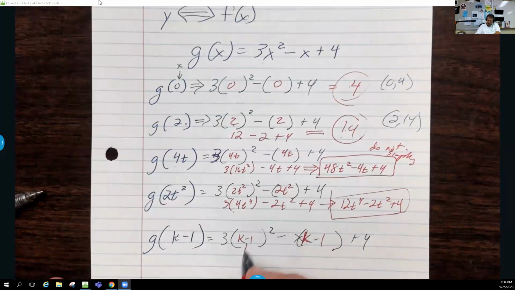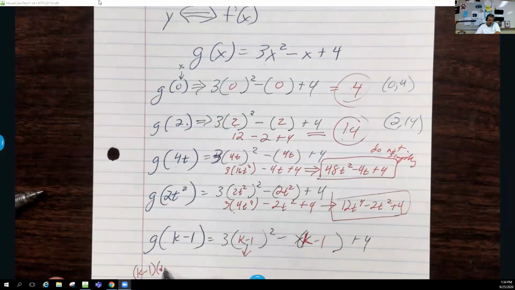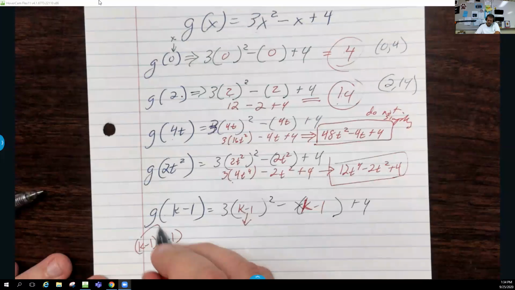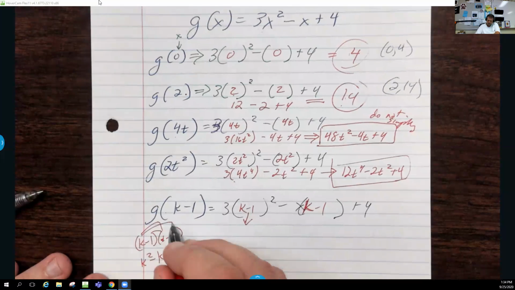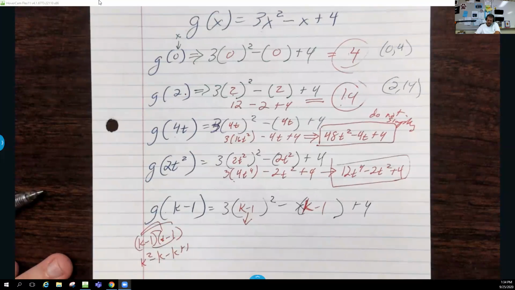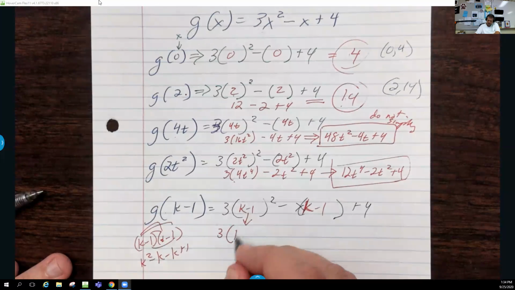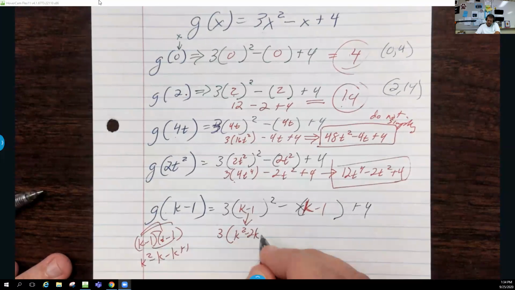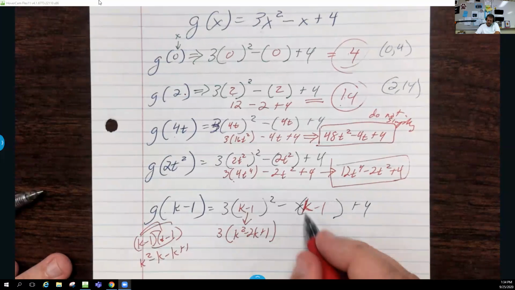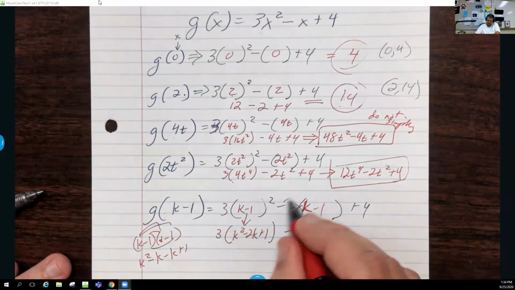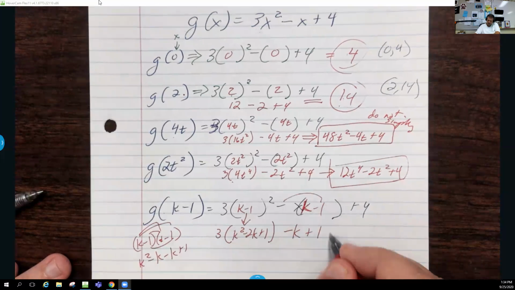This here is k minus 1 times k minus 1, which is going to be k squared minus 2k plus 1. So it's going to be 3 times k squared minus 2k plus 1. And then be careful here. This is minus k, and then minus the minus 1 is plus 1 plus 4.